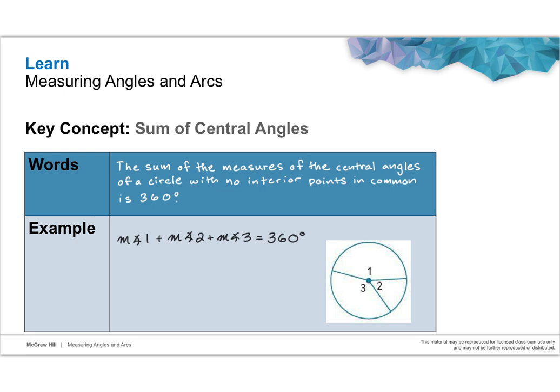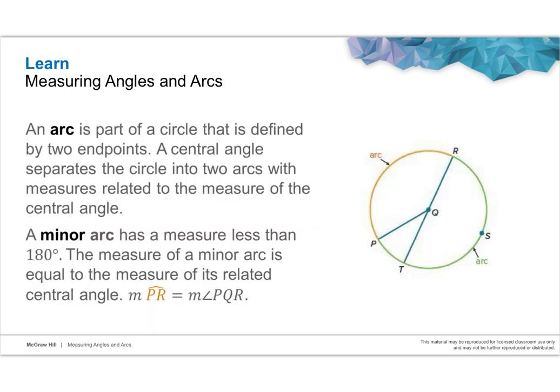And that is the sum of all of the central angles around a circle is going to be 360 degrees for all of those angles without any overlapping interior points. So in this particular example, the measure of angle 1 plus the measure of angle 2 plus the measure of angle 3 has to always equal 360 degrees. And that's going to help us with some math of unknown parts.